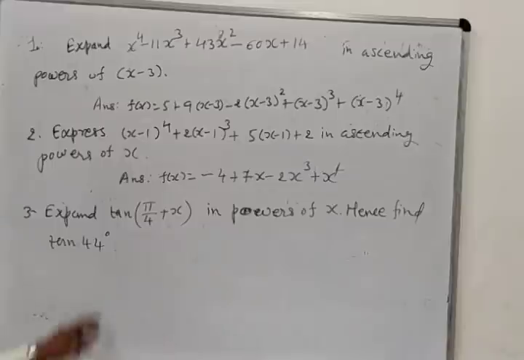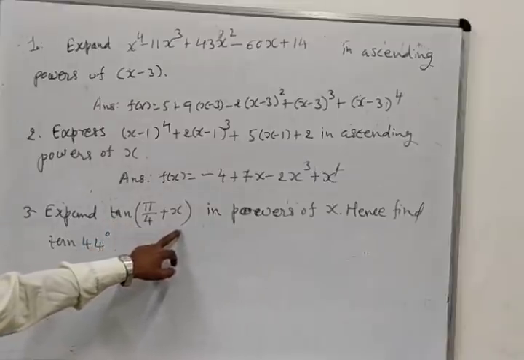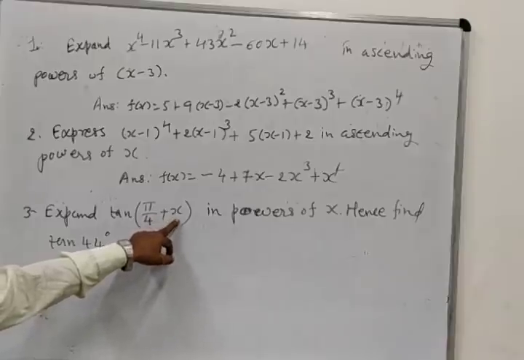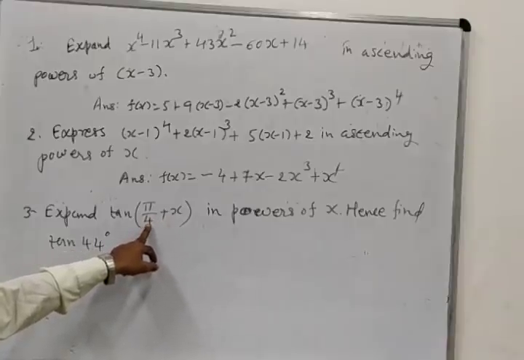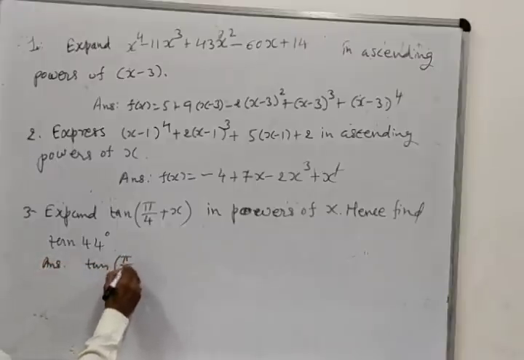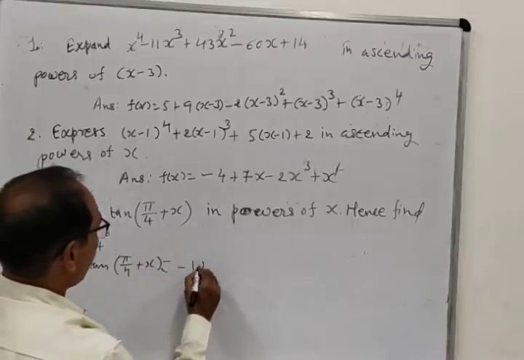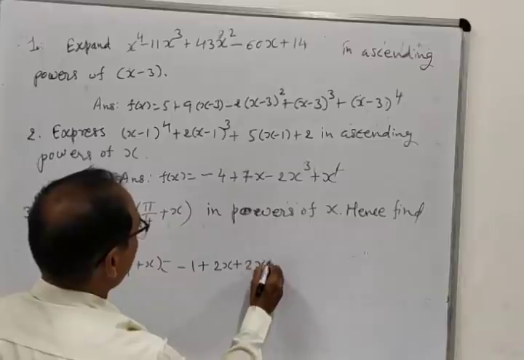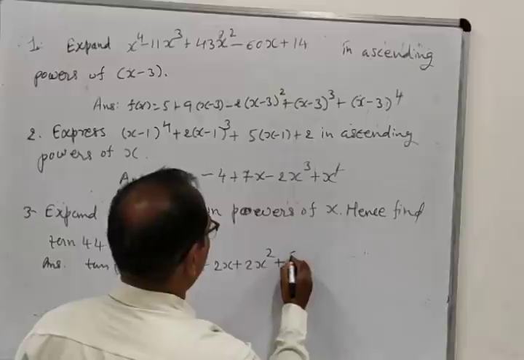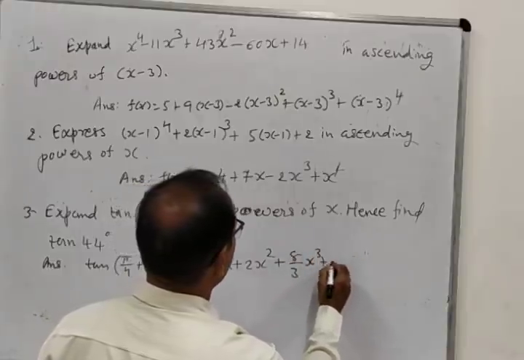So here again you will have to use Taylor's second form, because it is given in the form f of a plus h, where a equal to pi by 4. Okay, so you can do this very easily, and its answer will be tan of pi by 4 plus x equal to 1 plus 2x plus 2x square plus 8 by 3 x cube plus dot dot dot.